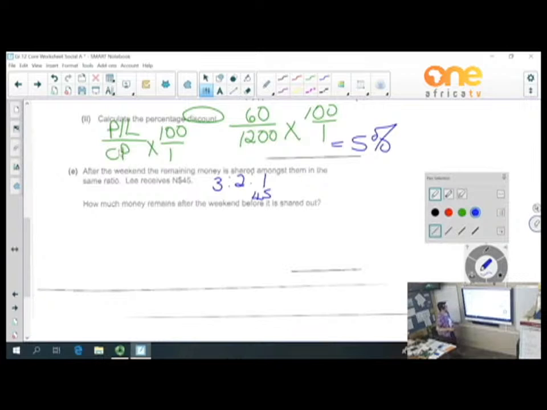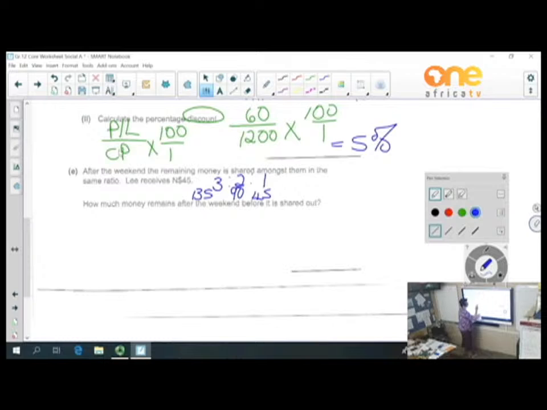So how much money remains after the weekend is shared out? So I need to find out what was Rihanna and Jen's money, isn't it? So if Lee gets 45, it means she's going to get 90. And Jen is going to get 135.